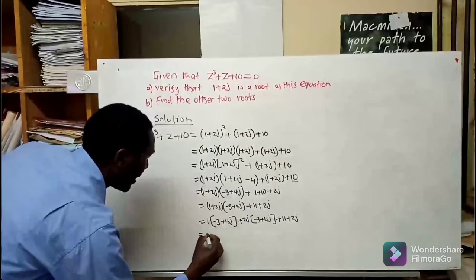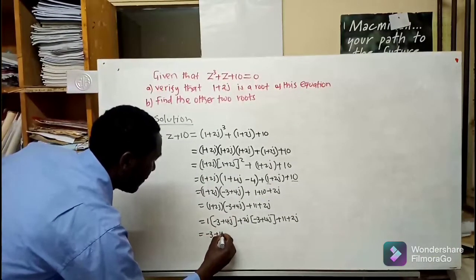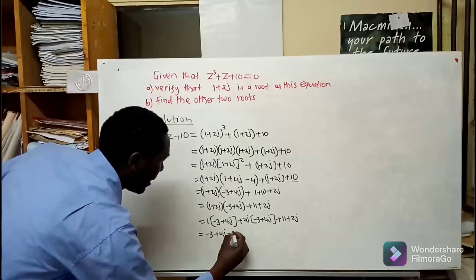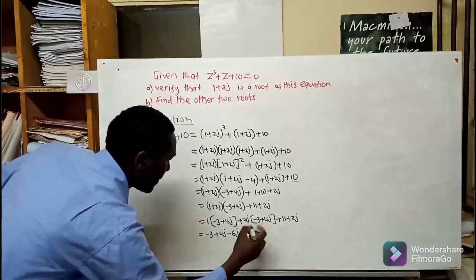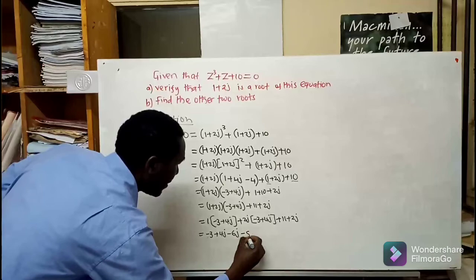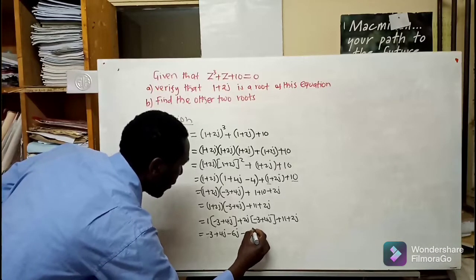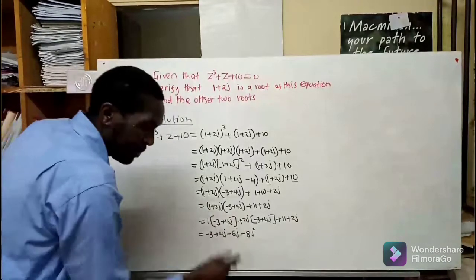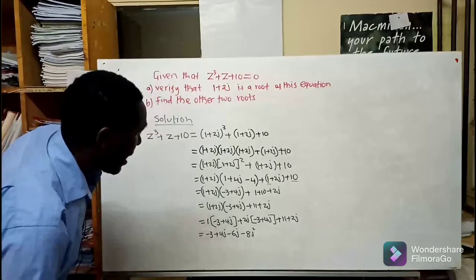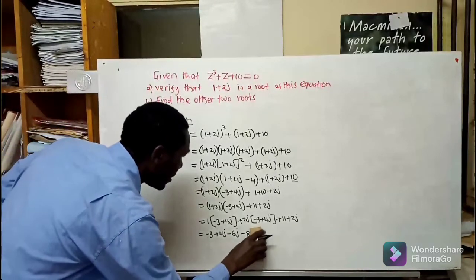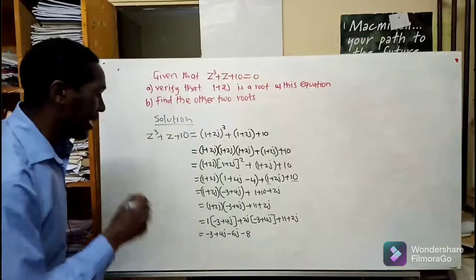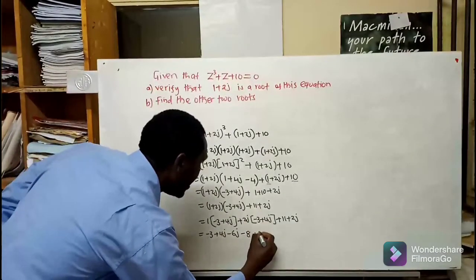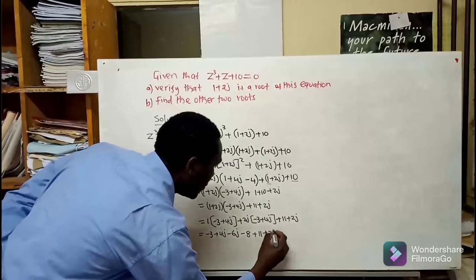Simplify that, get negative 3 plus 4j minus 6j. This times this gives us negative 8j squared. Actually, it's supposed to be just 8 because we have removed the j squared with that negative. Then we add 11, we add 2j.